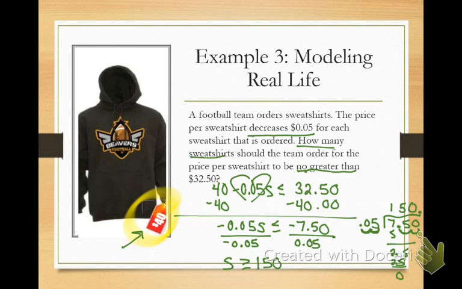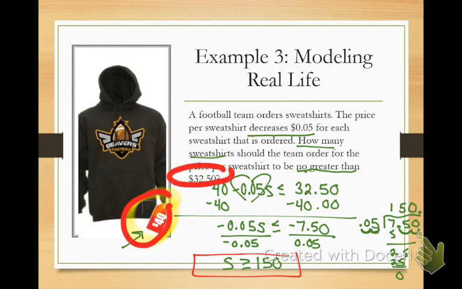The number of sweatshirts that I need to order in order to get my price from $40 down to $32.50, the number of sweatshirts I order has to be greater than or equal to 150. It makes sense. If I order 150 sweatshirts, it will drive down my price from $40 down to the $32.50 that I wanted. So what happens if I order more than 150?